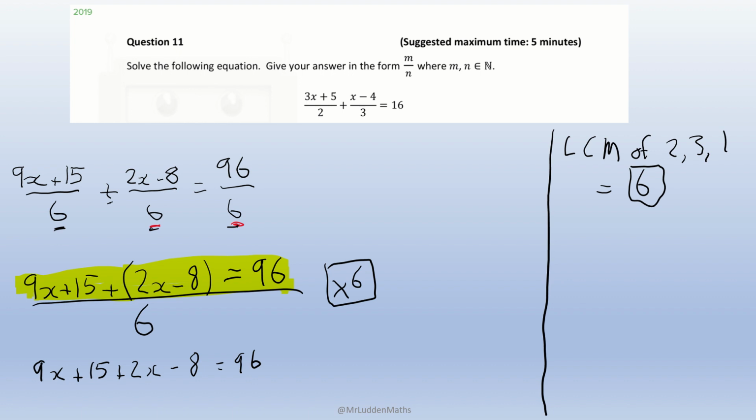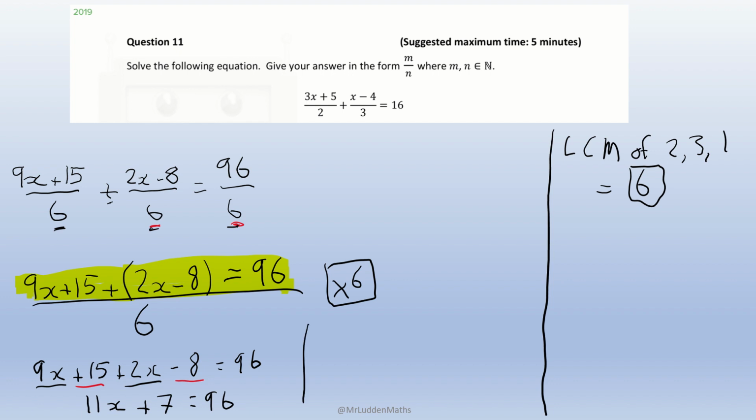I'm going to take the two things that are the same, my 9x. 9x plus 2x is 11x. You've got your 15, I'll do that in red, 15 minus 8, which will give you 7. Plus 7 is equal to 96.